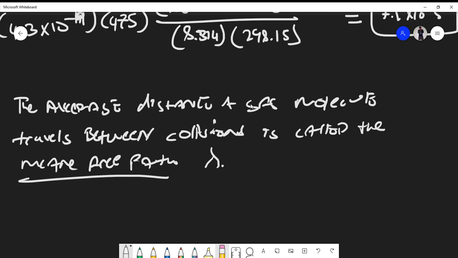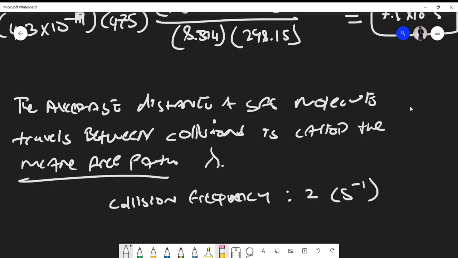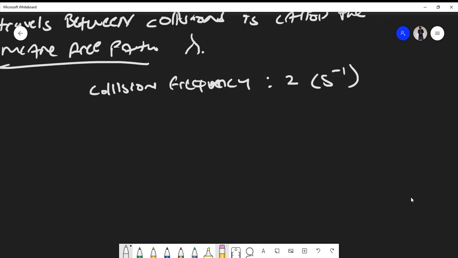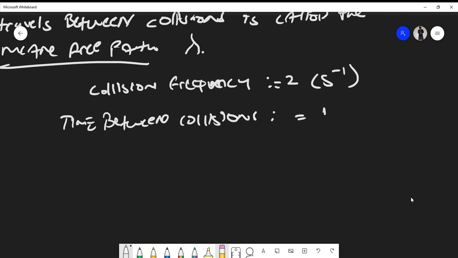So we can calculate this parameter again using the collision frequency. And this is Z in units of inverse seconds. We also need the time between collisions. The time between collisions is essentially equal to 1 over Z, and the units are going to be seconds.